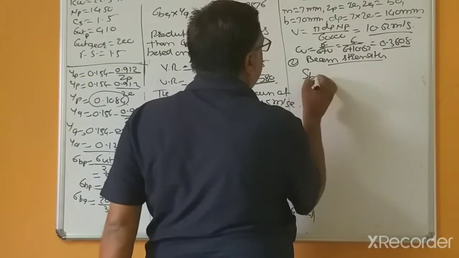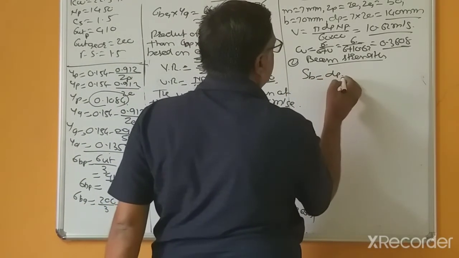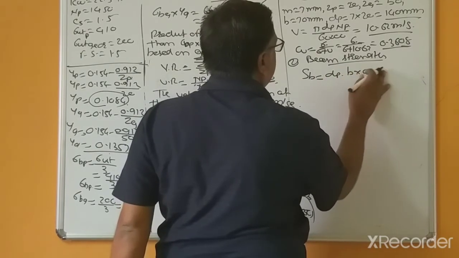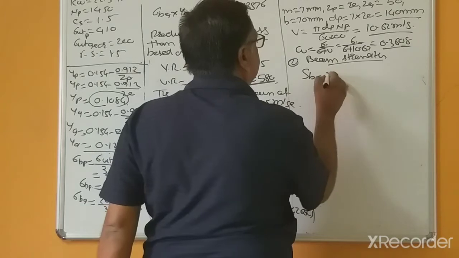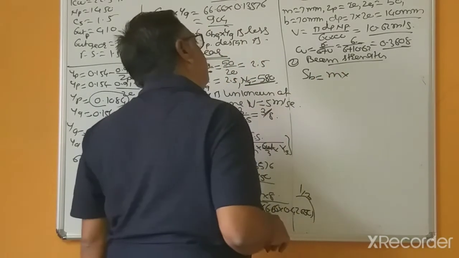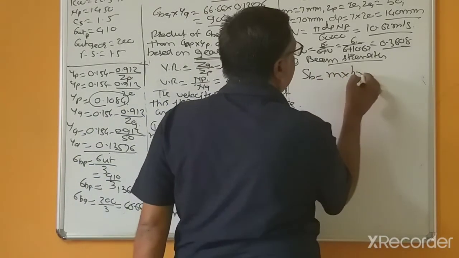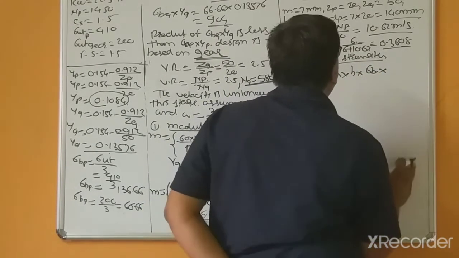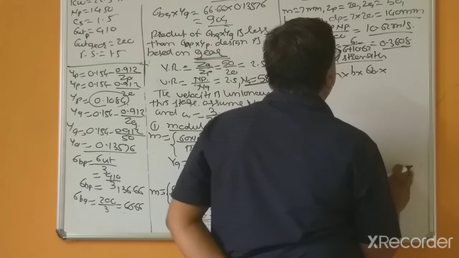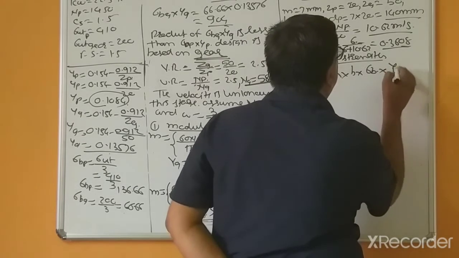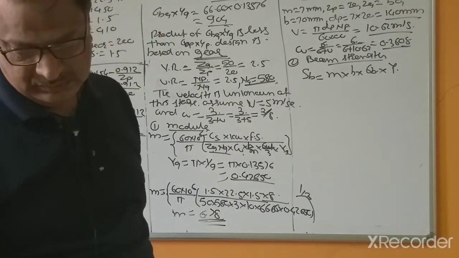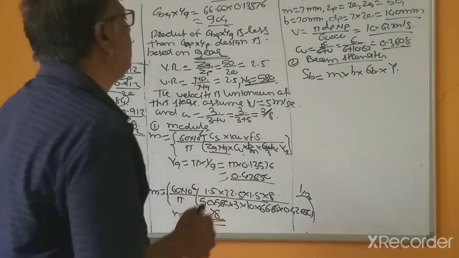So this is SB equal to, no sorry, M B sigma B Y. Right.